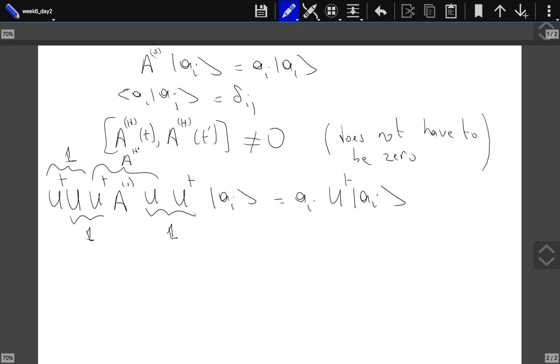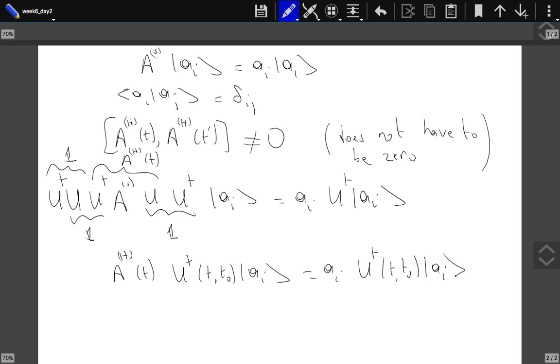This is my operator in the Heisenberg picture, let's say at the time t. So my operator in the Heisenberg picture at the time t, acting on U dagger, let me put the time labels, (t, t0), |a_i>. This is equal to a_i U dagger (t, t0) |a_i>.